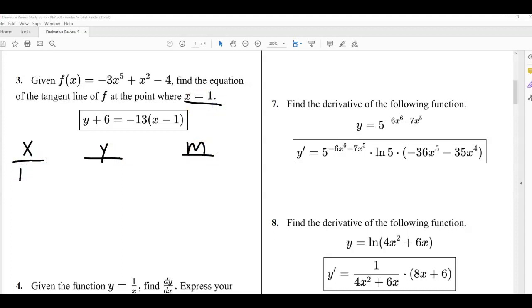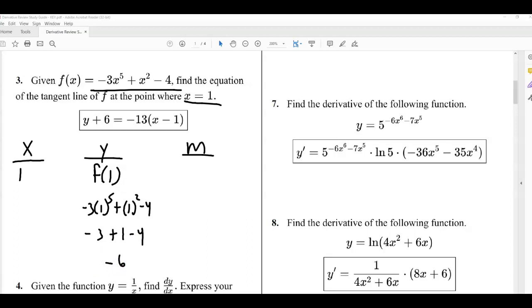To find the y value, you just plug 1 into your function. So if I plug 1 in up here, I'm going to end up with -3... I end up with -6 there for the y value.